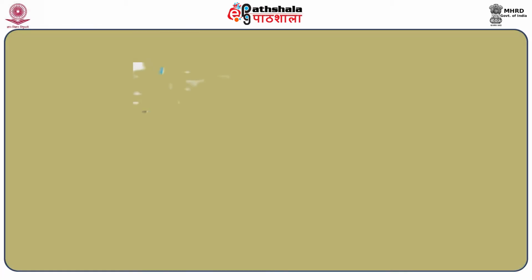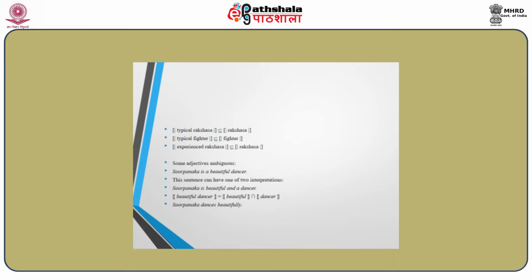An individual who's a typical Rakshasa does acts that are normal or standard for a Rakshasa, whereas a typical fighter has qualities of a normal or average fighter. The property that the adjective denotes seems to change with the noun. A characterization of this in terms of set theory is as follows. The semantic value of a loyal Rakshasa is a subset of the semantic value of a Rakshasa.